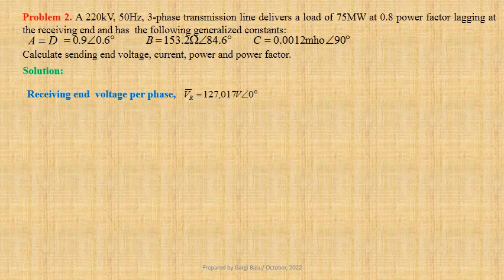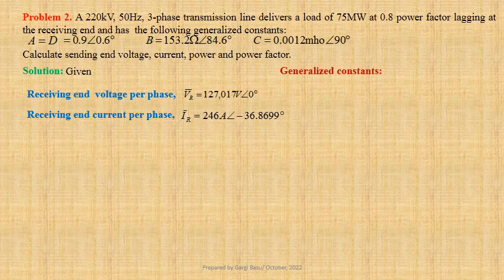We have computed receiving end current per phase IR equals 246 ampere at an angle minus 36.8699 degree. Given generalized constants A equals D equals 0.9 at an angle 0.6 degree, B equals 153.2 ohm at an angle 84.6 degree, and C equals 0.0012 mho at an angle 90 degree.